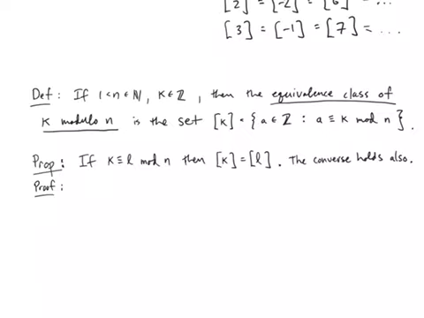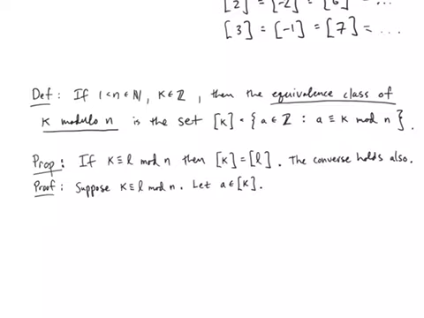So here's the proof. First, suppose k and l are equivalent mod n; we prove that their equivalence classes are the same. So we let, say, a be in the equivalence class of k, and we want to show that a is in the equivalence class of l. Well, what do we get from a being in the equivalence class of k?